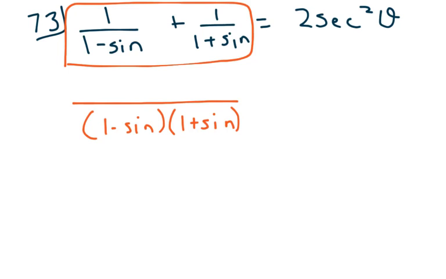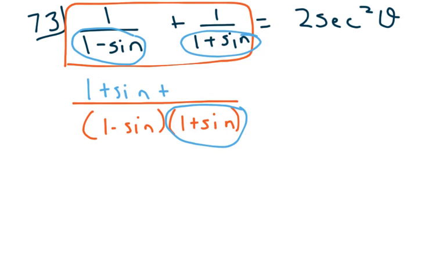So we ask what times the old denominator gives us the new, or what are we missing? We're missing 1 plus sine. So you multiply that by 1, so that's 1 plus sine, plus what times 1 plus sine gives me the new denominator, and that's going to be 1 minus sine.